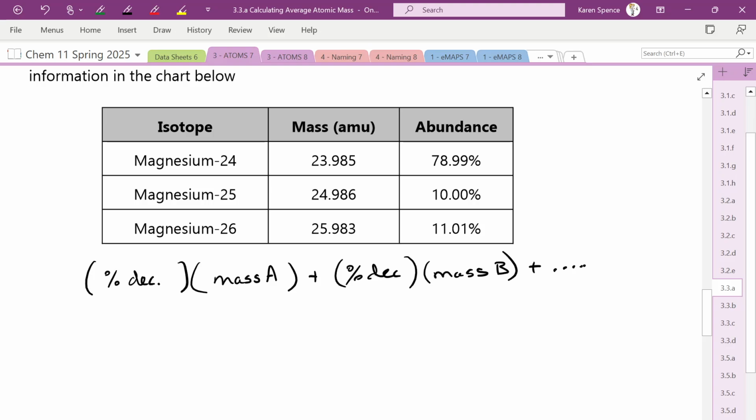Yes, you're gonna write the percent of the mass, and the percent times the mass, and then the third one also.